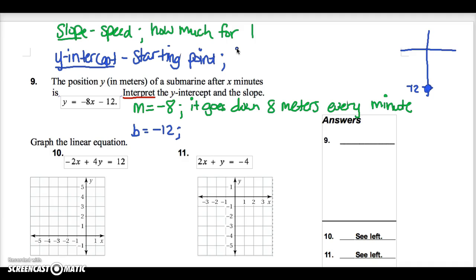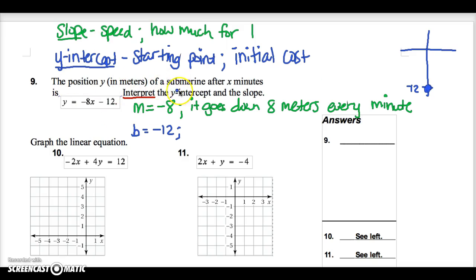So like if you pay a certain amount per text or a certain amount per minute, which is unheard of anymore, but it's that initial cost that you pay. We've also talked about the price to get into the fair. Okay, it's what you pay just to get in, and then the rides are extra after that.